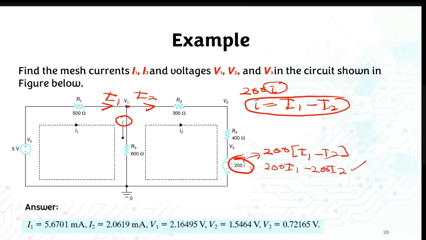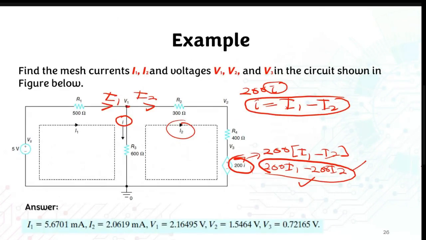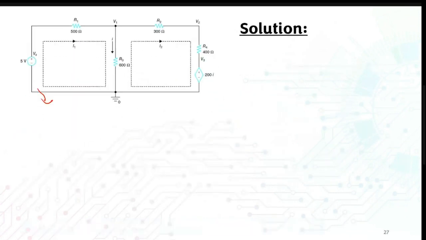I think this is easier, so that when you write the equation for the mesh, you can directly put this value in for the dependent source. First I'm just going to show you how to come up with the equations, and the rest you will have to do yourself when I want you to solve them, because I already give you the answer here. After that you can compare your answer to see whether it's correct. But for this one, let's go with mesh one first.